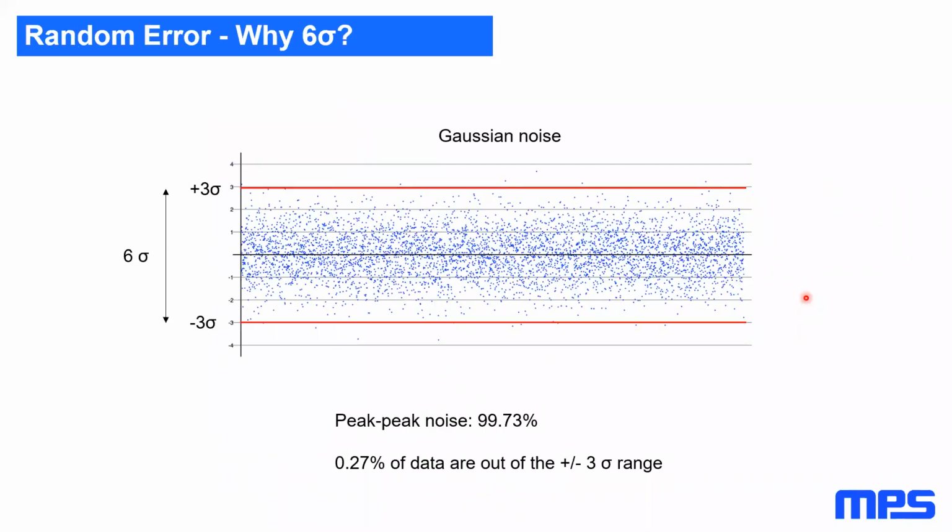And if we look at some real Gaussian noise generated by a random number generator, you can see that if we do our 6 sigma, plus minus 3 sigmas, we capture 99.73% of that noise. And those, again, are well-known statistics. So in other words, if we claim plus minus 3 sigma or a 6 sigma distribution, only 0.27% of the data is outside of our range. So 6 sigma is generally considered a very safe estimate of the total distribution.